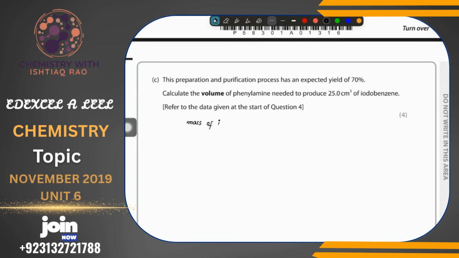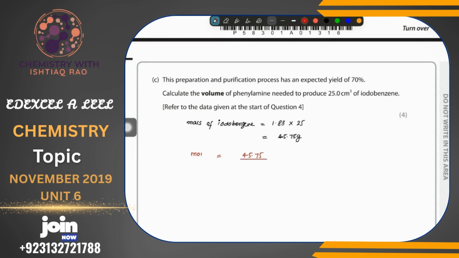So mass of iodobenzene is equal to 1.83 times 25, right? What's the answer? Mass is 45.75, moles is 0.22437, divided by the Mr of iodobenzene.